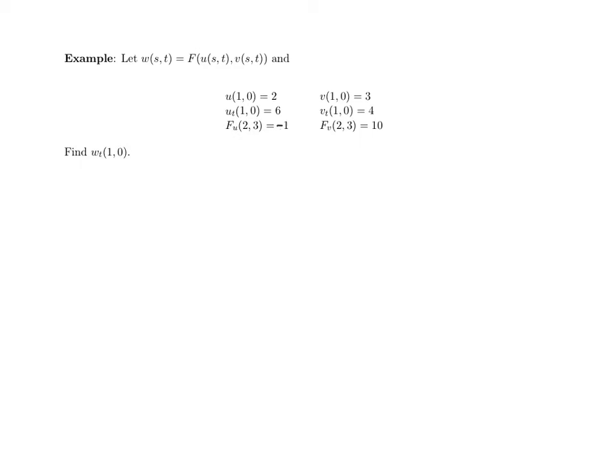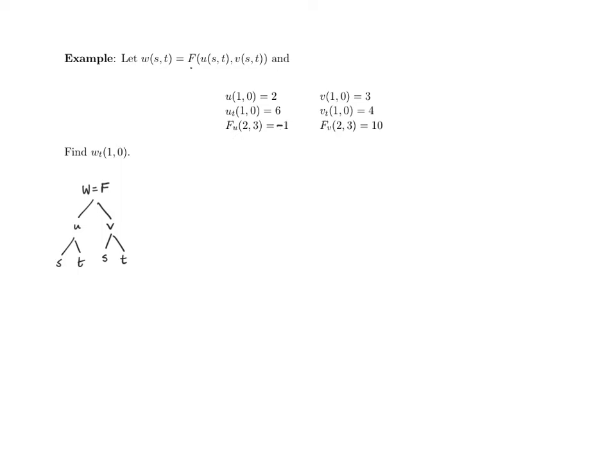So what we are told is that we have a function f depending upon the variables u and v, where u and v both individually depend upon s and t. So immediately we can draw our tree diagram. We have w, or we can think of it as f, which depends upon u and v, and both u and v depend upon these variables s and t.